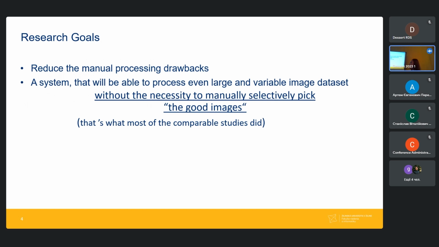To set up some research goals, the main aim is actually to reduce the manual processing drawbacks, as I mentioned in the previous slides. What makes this study a little bit different from the other approaches which other universities are providing?